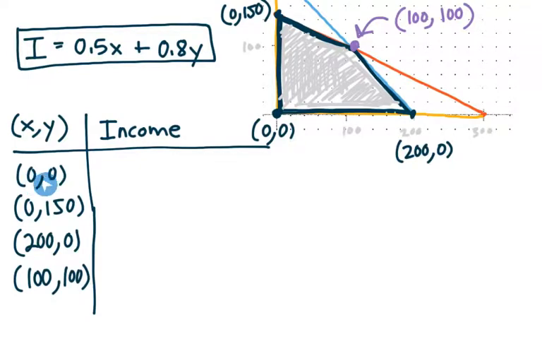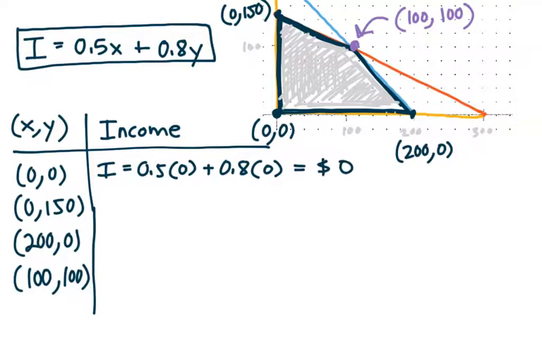So those are the 4 options for x regular and y jumbo biscuits that we can make that could give us maximum income. So I'm going to plug each of these ordered pairs into my income function. So I equals 0.5 times 0 plus 0.8 times 0. If we make 0 jumbo and 0 regular biscuits, my income will be $0. I will have nothing to sell. So we knew that wasn't going to be the answer.